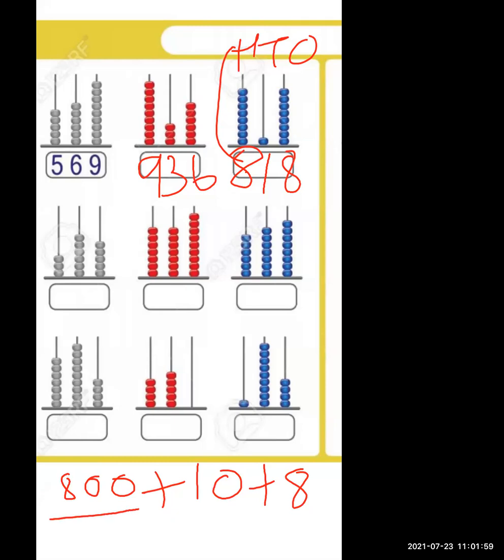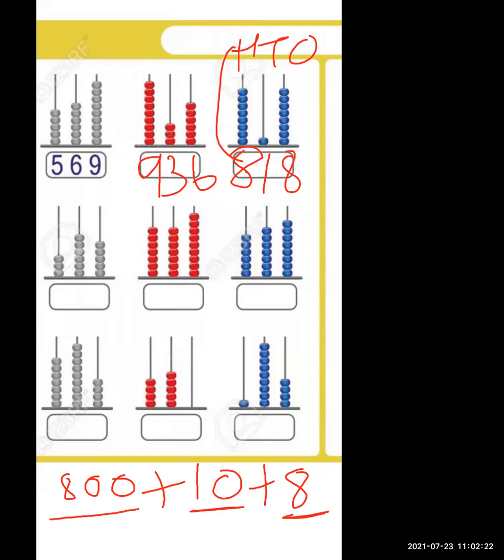It's 800. And what is the place value of the 1? It's 10. And what is the place value of the last digit? 8 ones, it means 8. Understand? So this way we write the place value, face value, and expand the numbers, and write in words.